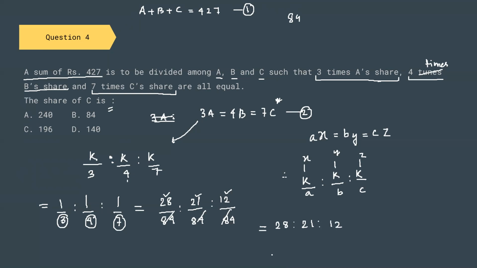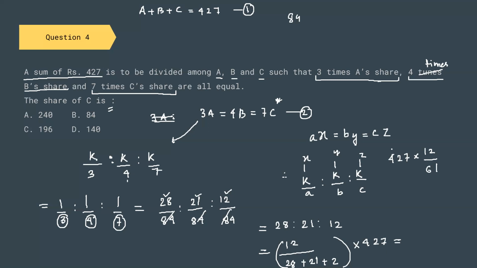So C's share in the profit will be 12 divided by (28 plus 21 plus 12) into 427. So the final result will be 427 into 12 by 61.